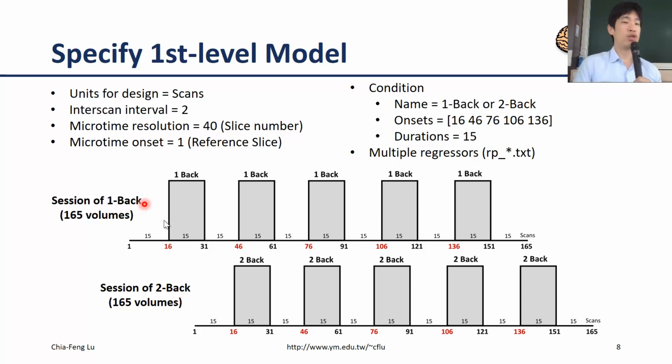And for the two back session, after the one back session, we stopped the scan, and again we told the participant that we are going to start the two back session. Now, if you see the numbers on the screen are identical to the 2 previous numbers, then just click the button. So it's actually 2 separate sessions when we acquire the fMRI data right here. But you can see that all the parameters are exactly the same.